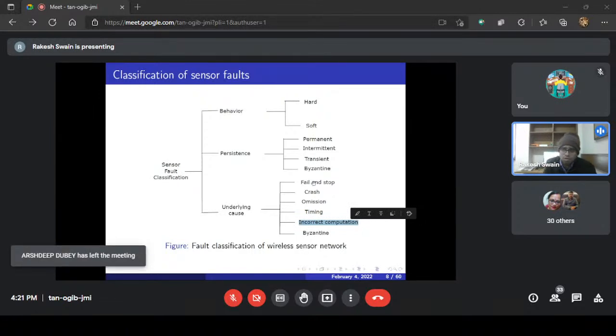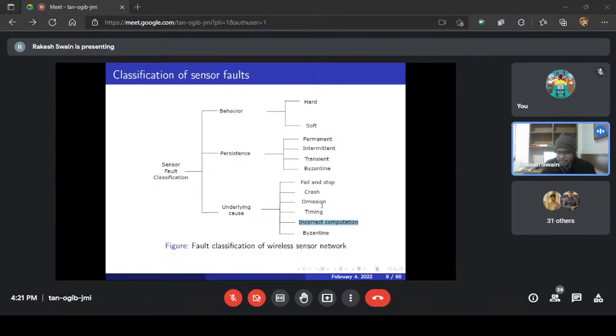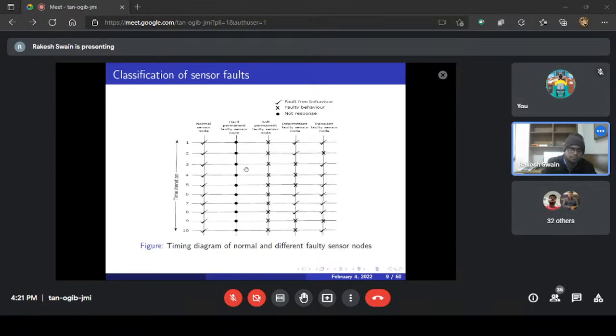So these are the special causes of faults. The work I will demonstrate here covers the generalized faults, like the behavior fault and the persistent fault. This type of fault I will be discussing.